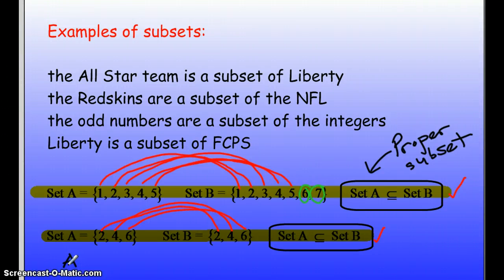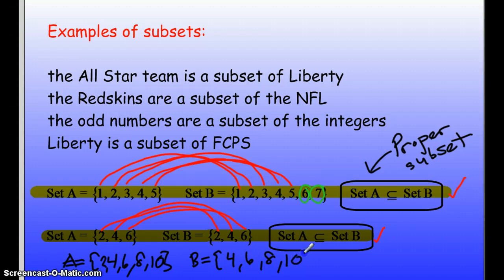Alright, and lastly, let's put one non-example here. Alright, we'll make this one short too. So if set A has elements 2, 4, 6, 8, and 10, and set B has elements 4, 6, 8, 10, would you think set A is a subset of set B?